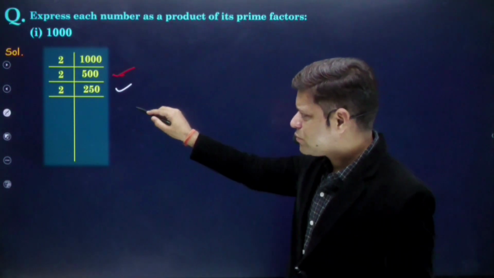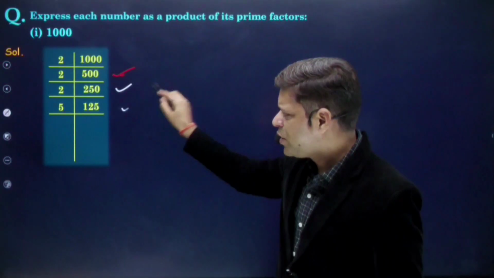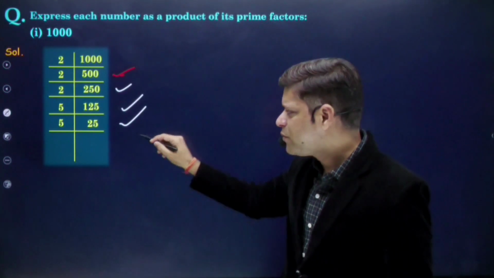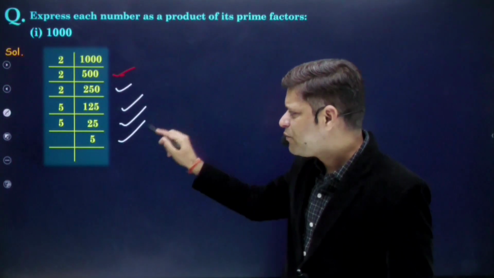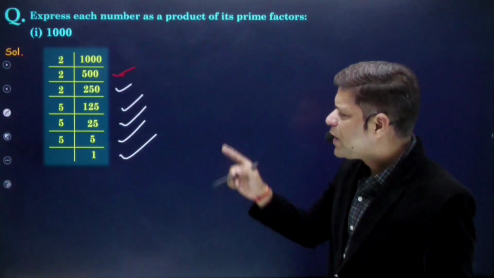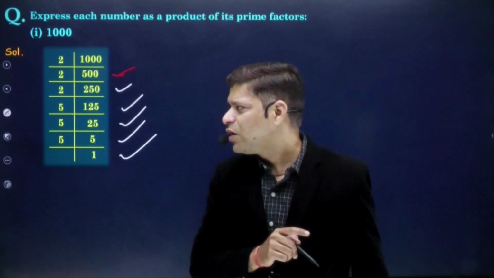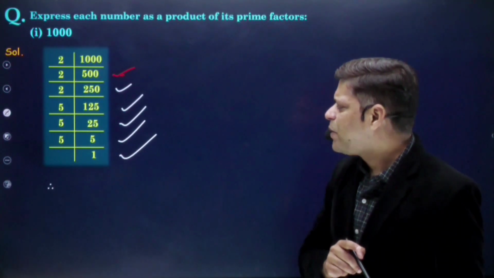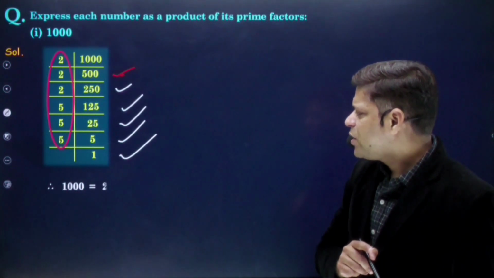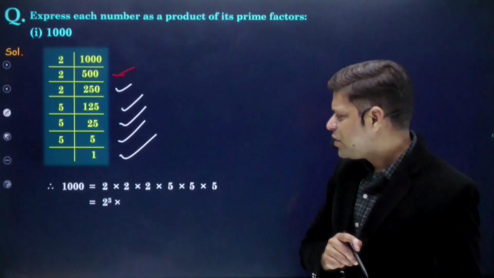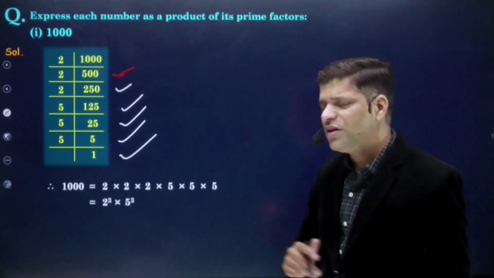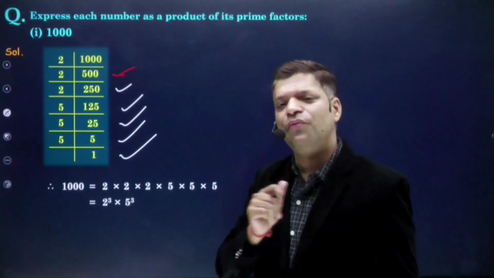Okay, divided by 2, then it will be 125, then again divided by 5, it will be 25, again divided by 5, then 5, then again divided by 5, then it will be 1. So here the prime factorization of 1000 will be 2 raised to the power 3 into 5 raised to the power 3. Right, so this is the prime factorization of 1000.